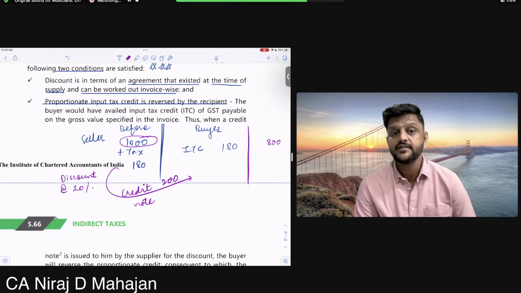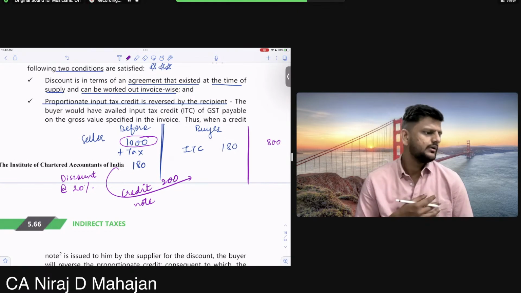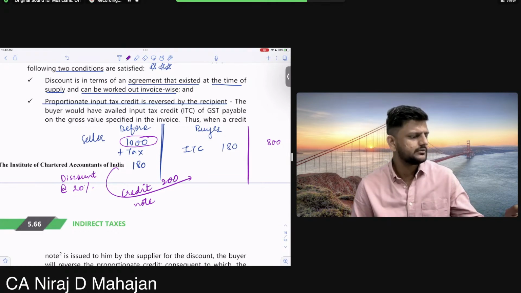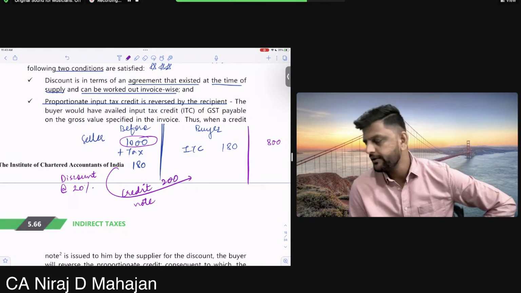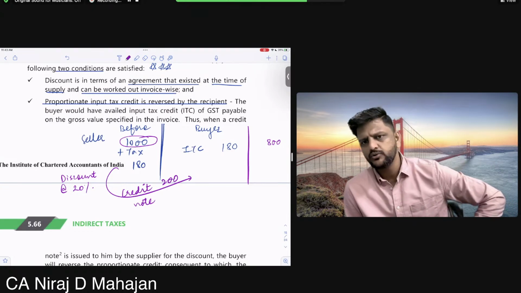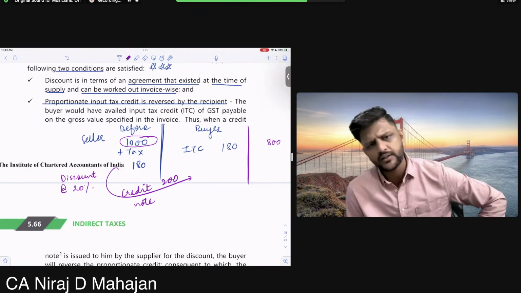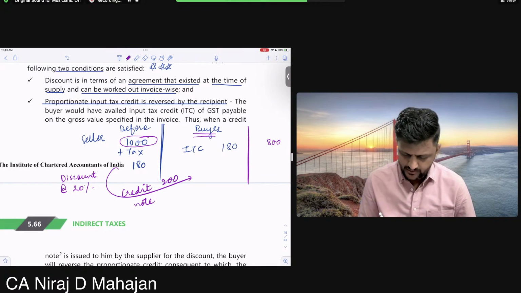But he has claimed ITC on 1,000. Yes or no? All of you, are you getting my point? The effective buying price for the buyer is 800. But he has claimed ITC on 1,000. So the buyer needs to reverse ITC on rupees 200.